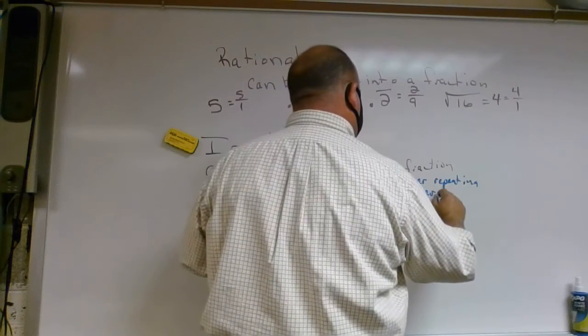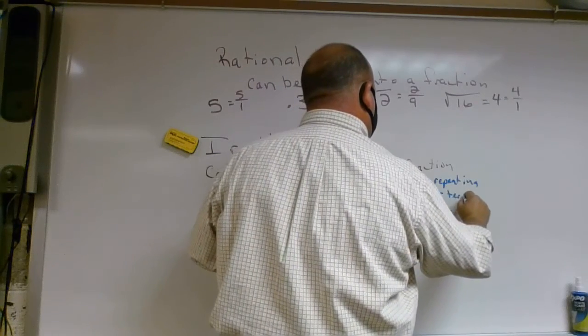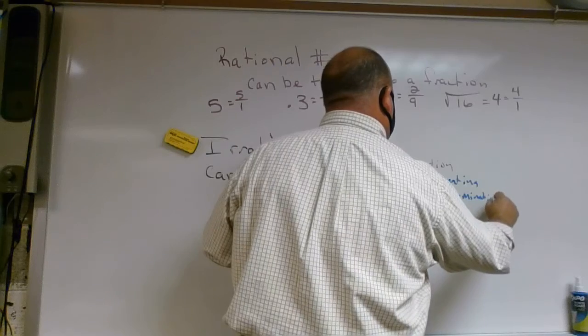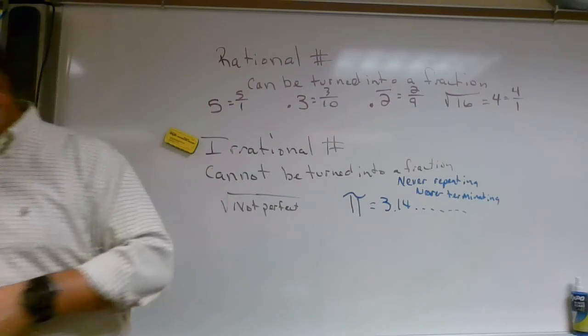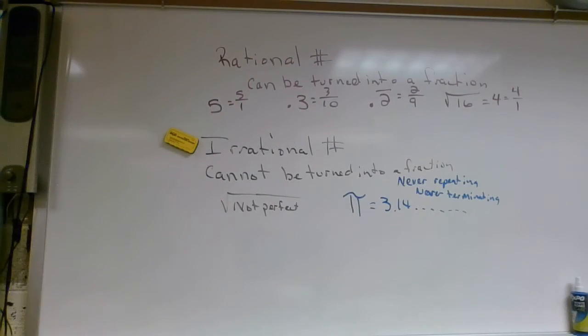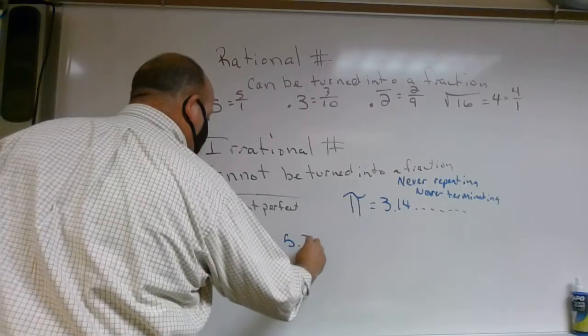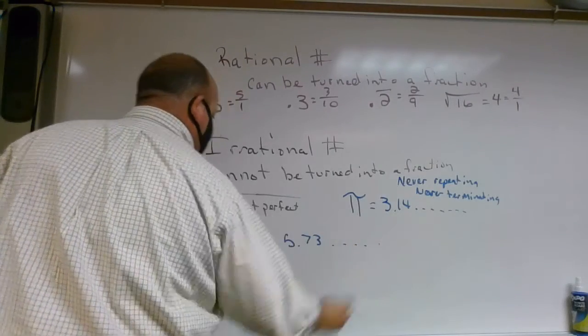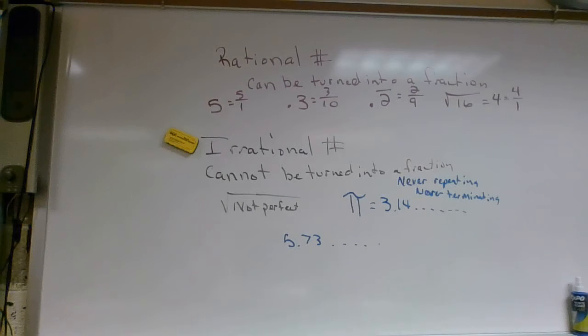Those words are huge because if they give you a decimal value like 5.73..., that just means it goes on forever. And without any repeating line over the top of it, that means it doesn't repeat. That means it's a never ending, never repeating decimal. Never ending, never repeating. Irrational.